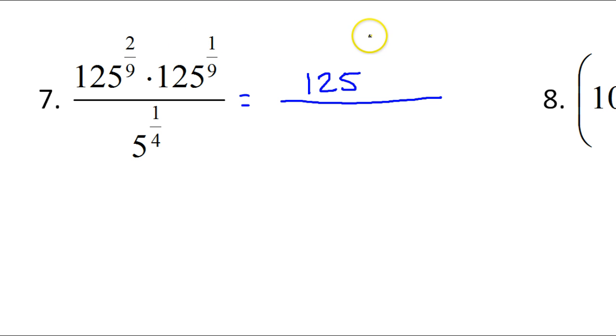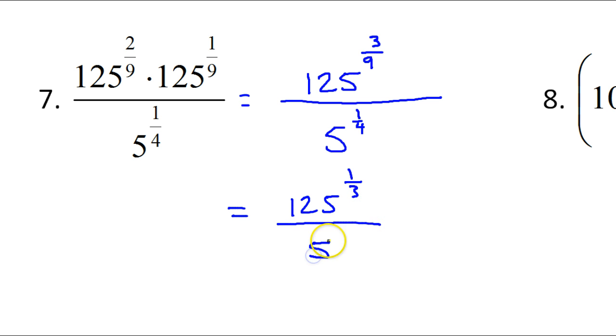So that's going to be 3/9, which will reduce to 1/3. And down here I have 5 to the 1/4 power. Okay, so that's going to be the same thing as 125 to the 1/3 power over 5 to the 1/4 power. That's what we have so far.